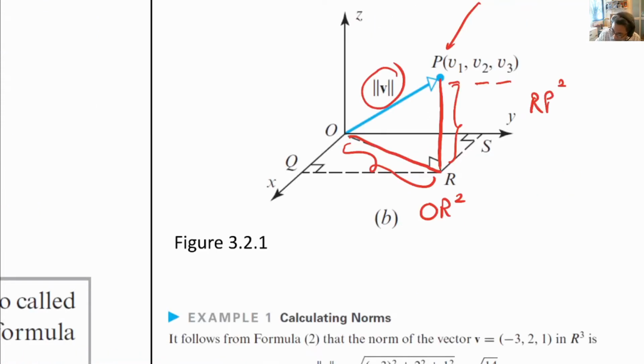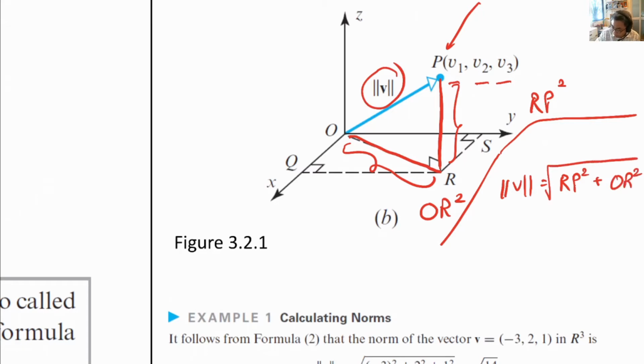I'll write the equation again. The norm of v is equal to the square root of RP square plus OR square. If we square both sides, then the norm of v square equals RP square plus OR square.